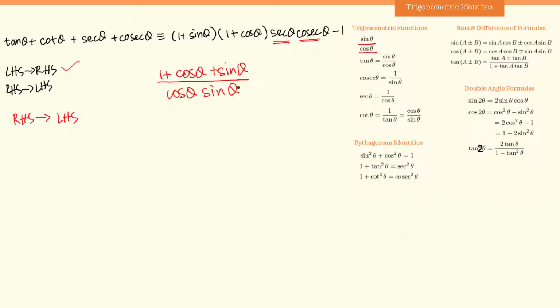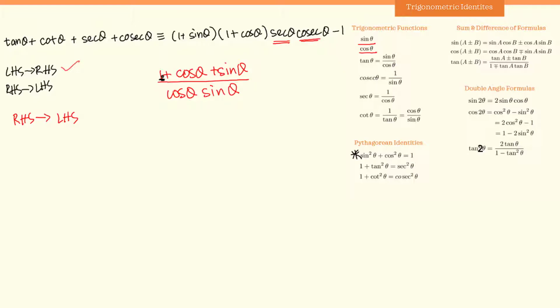Now this is the expression that I have made from the right hand side, and if I need to bring this in the form of the expression on the left hand side, notice over here that there is no positive 1. There is no 1 over here. So if I need to remove this 1, I would need to bring trigonometric functions in place of this 1. And that can only be done by this first formula of Pythagorean identity.